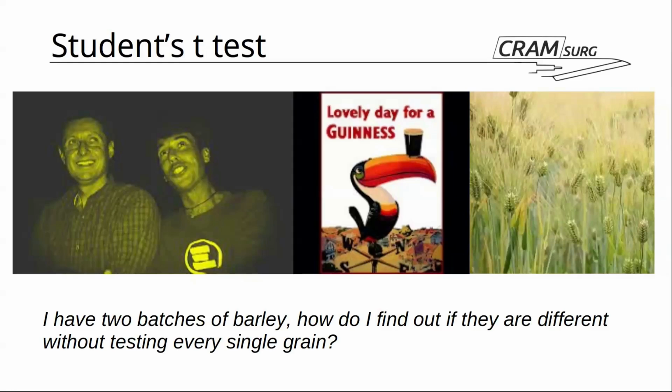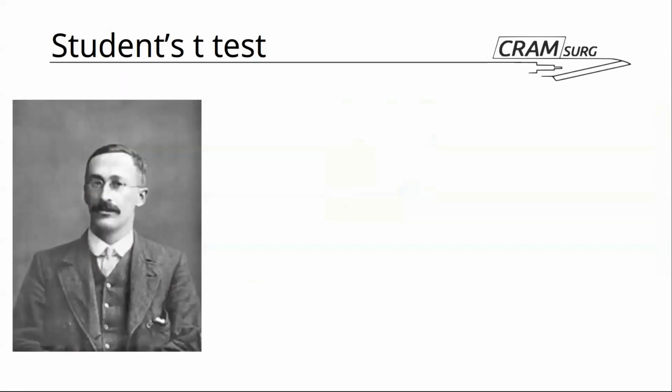That's where the story of Student's t-test started, particularly with William Gosset. It's a very old story, starting in 1908, and Gosset was a pioneer of quality control and quality assurance in the brewing industry, but also in statistics in general.